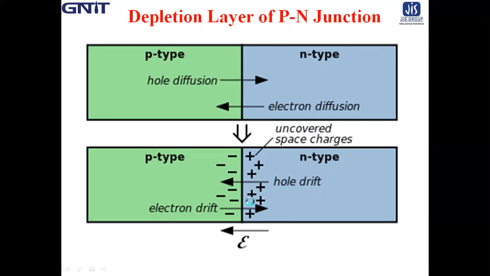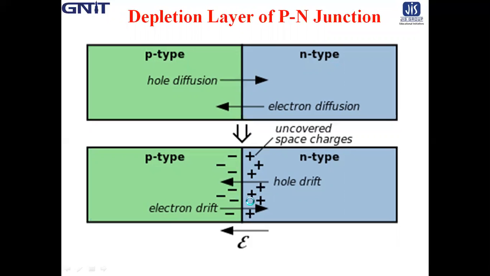An electric field E is developed in the depletion layer whose direction is from N side to P side. A potential difference exists across the junction due to separation of positive and negative fixed charges.